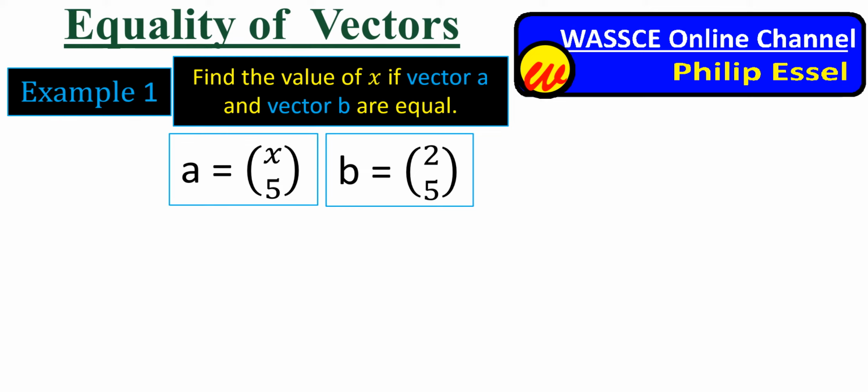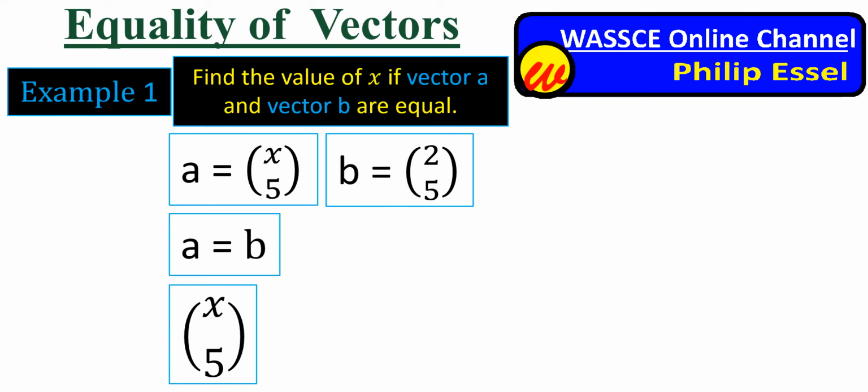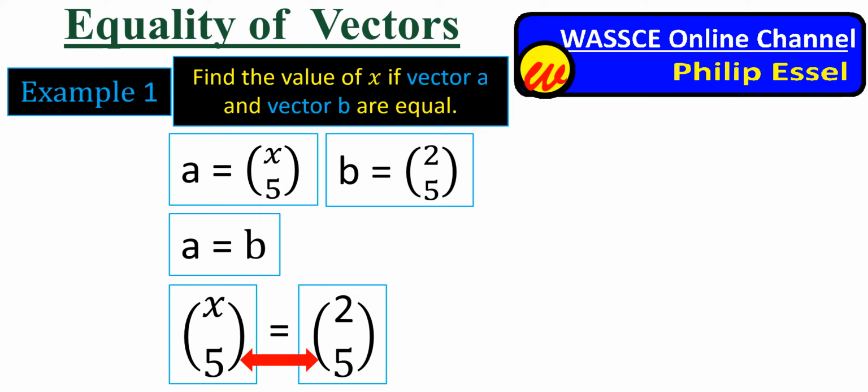If vector A is equal to vector B, then we can state that A equals B. This means that our vector A, which is x, 5, would be equal to 2, 5, which is our vector B. So the y components of the two vectors are the same and their x components are also the same.